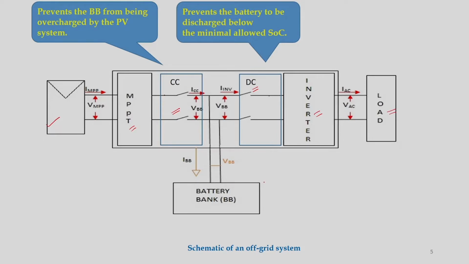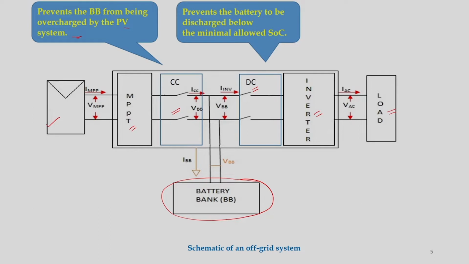And then, as we know, we need a very important component called the battery bank. As we have learned in the last class, this source controller is very important because it prevents the battery bank from being overcharged by the PV system.